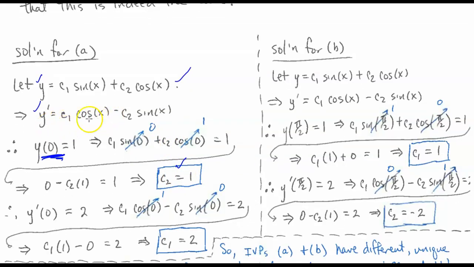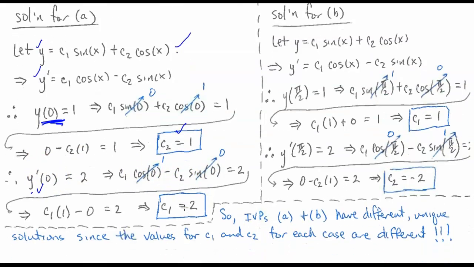So now I use the derivative of my function and say, hey, when the derivative of my function is evaluated at 0, I get 2. So I substitute that information in, and I see that I end up getting C1 is 2. So C1 being 2, C2 being 1, that will be like having this be a 2 and that's a 1.